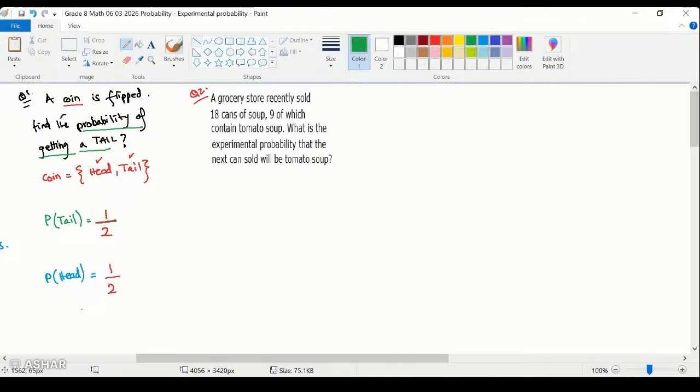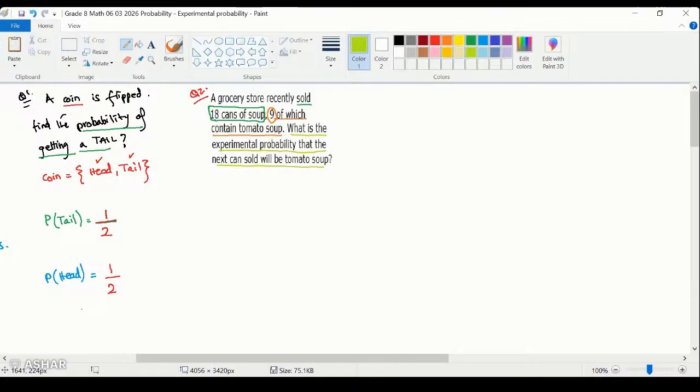The shop is selling 18 cans of soup, right? Out of those 18 cans, 9 of which were tomato soup. We had to find what is the experimental probability that the next can sold will be a tomato soup.